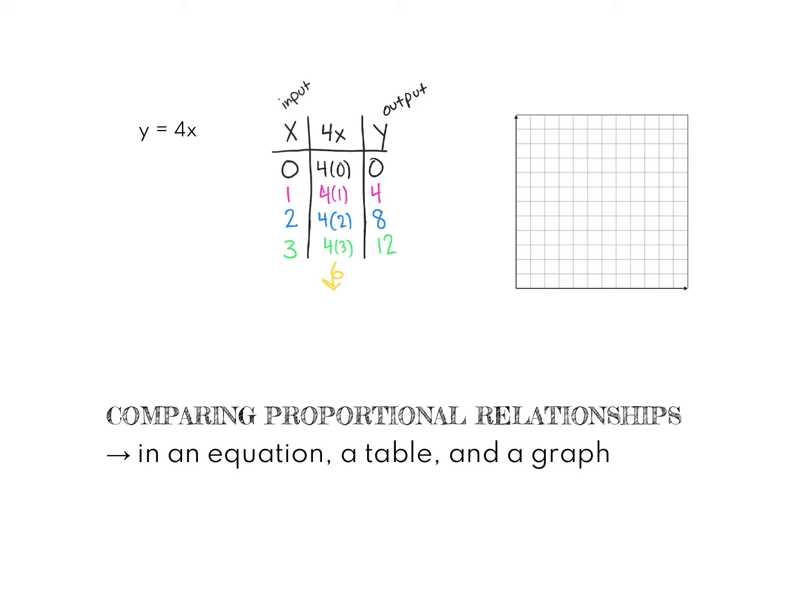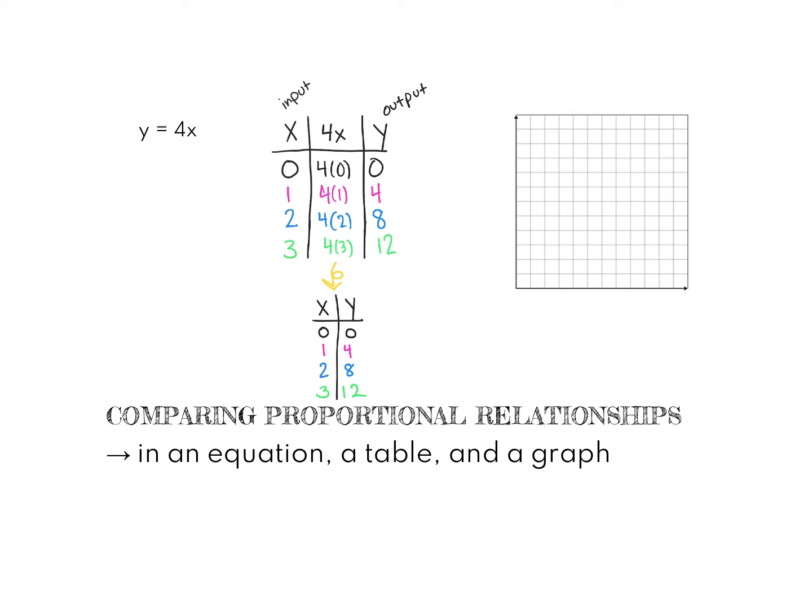What you will typically see is you won't see that middle part for the equation, for the work, but I just wanted to show you what that looked like. So what you typically would see would be 0, 0, 1, 4, 2, 8, and then 3, 12.